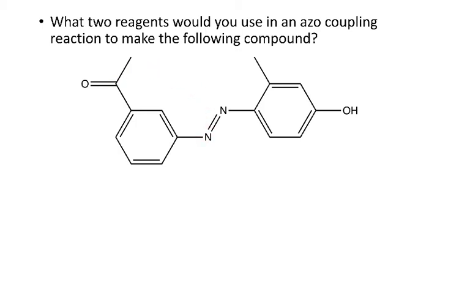When I look at this benzene ring, I have a weak activator, but then I also have a strong activator. And if this is the nucleophile that we're going to add the diazonium ion to, because this is an ortho-para director, we're going to preferentially put the diazonium ion here. And so I think this is going to be our likely candidate for the nucleophile, and this is our likely candidate for the electrophile, or the diazonium ion.